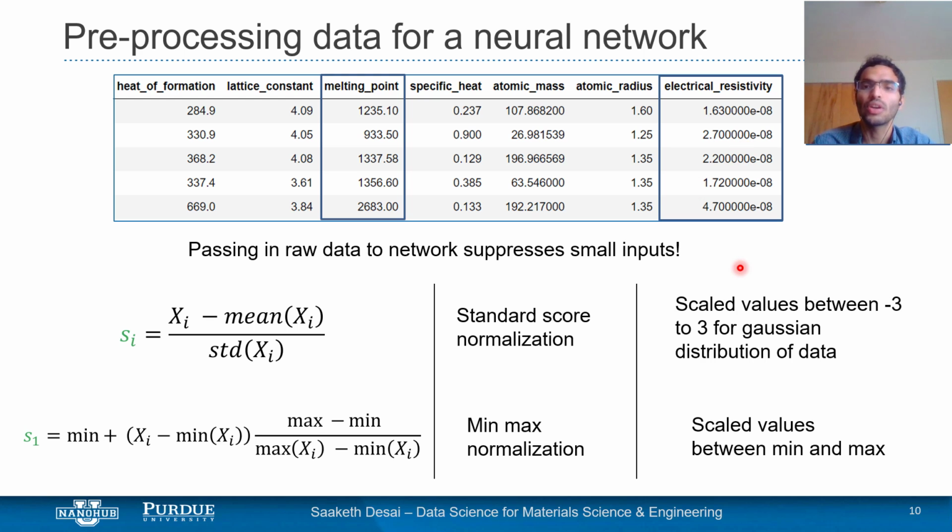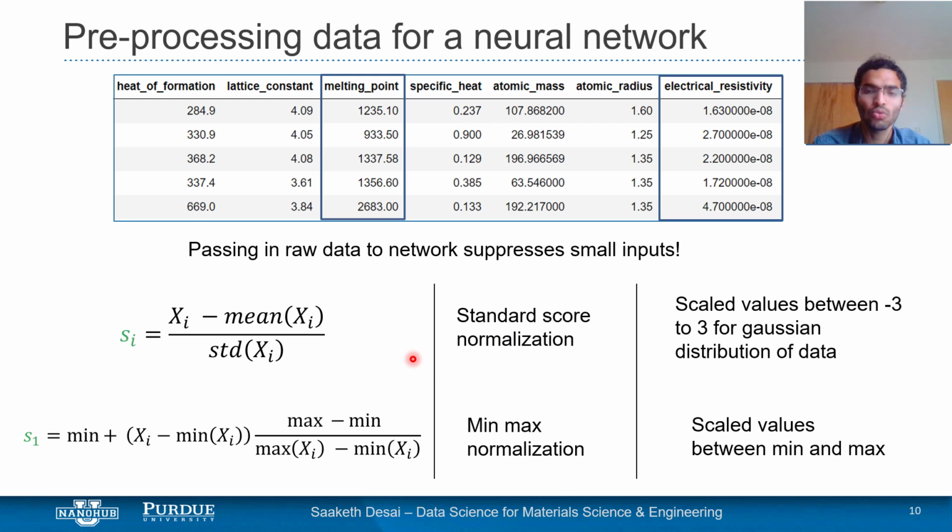So how do we tell the neural network not to ignore something like the resistivity here just because of the units that it was measured in, or just because the quantity happened to be on a different scale compared to the other inputs? What we typically do is called normalization. So we normalize our inputs so that these differences in the scale of the properties are removed.